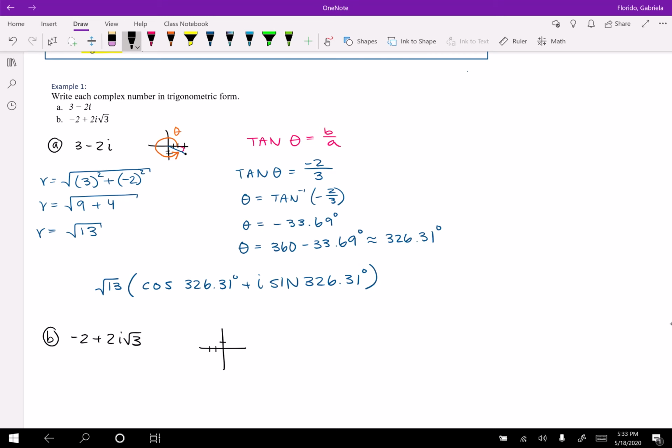So that's going to be somewhere in the second quadrant. So again, this is somewhere in the second quadrant. And so I have to make sure that my argument is an angle in the second quadrant.